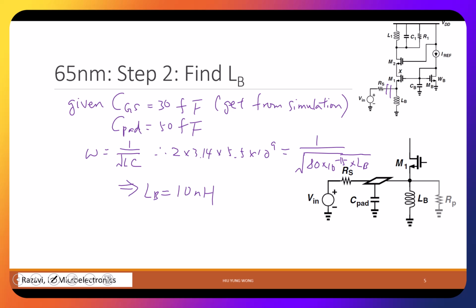Okay, now if you put 10 nanohenry, after post layout simulation this is going to introduce a new capacitor, CL, right? Because when you lay it out, you have a pad. Then you need to iterate.